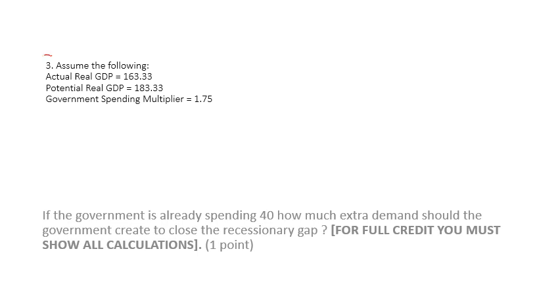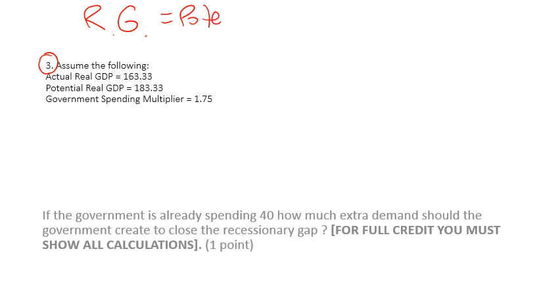Question 3. This is the given, and let me give you an explanation. What we have to do first is to calculate RG. So what's RG? Well, RG is the recessionary gap. A recessionary gap is the difference between potential real GDP and actual real GDP.